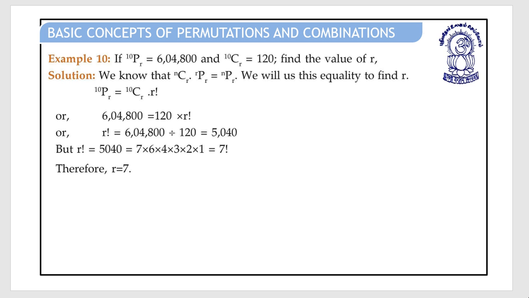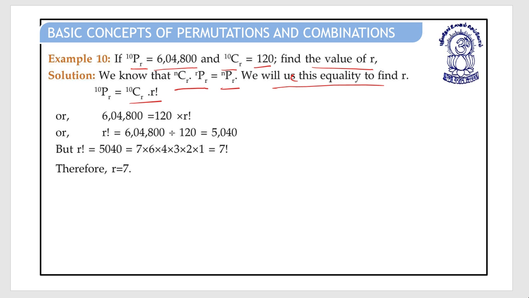Next example 10. If 10PR is equal to 6,04,800, 10CR is equal to 120. Find the value of R. We know that NCR into R factorial is equal to NPR. We will use this equality to find R. So 10PR is equal to 10CR into R factorial.